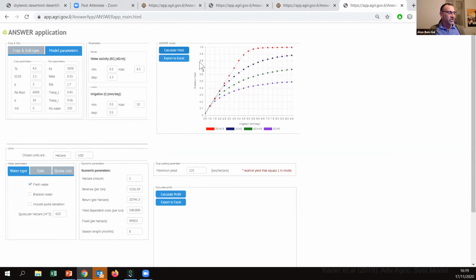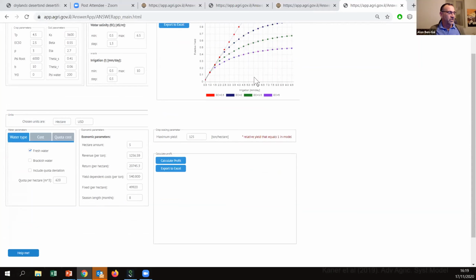So here we're getting water production curves for yield, expected yield based on transpiration for different water qualities. Now we realize that farmers don't make decisions based on this kind of information. Farmers make decisions based on economics.